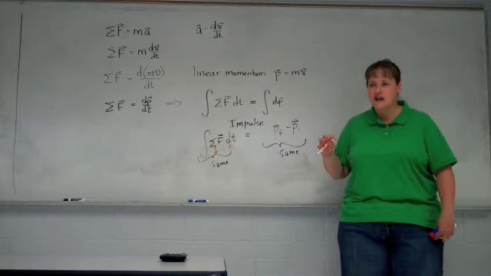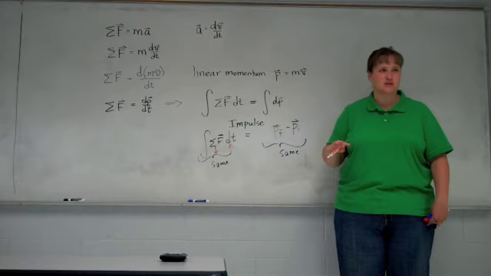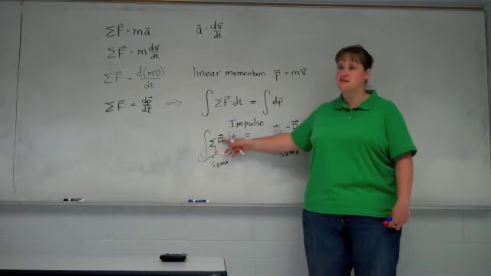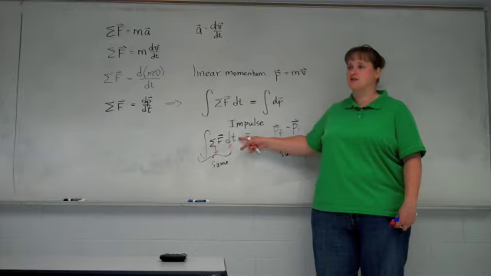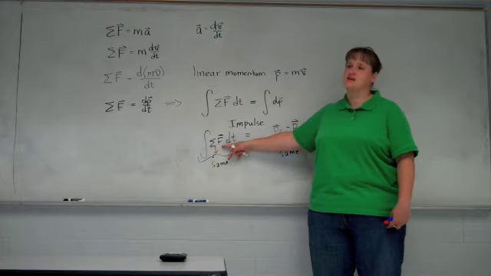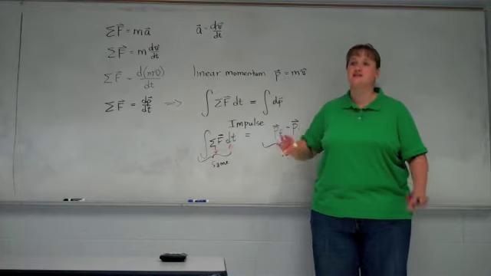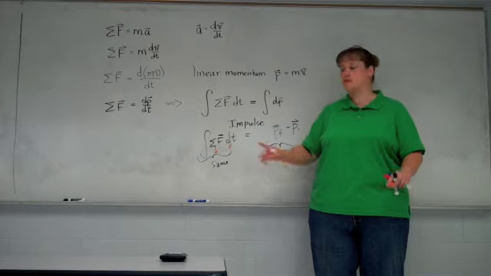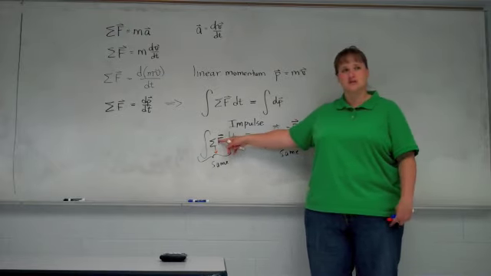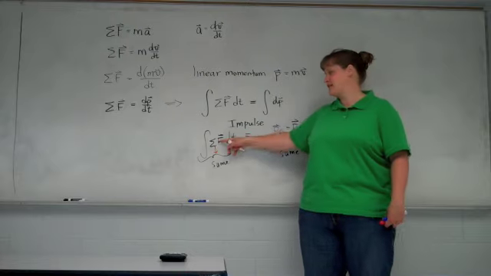The longer you take to actually come to rest when you hit the ground, the force of the ground on you will be less the more time you take to actually stop. That's why bending your knees doesn't hurt so bad, because the force is less. If you lock your knees, you have to come to an abrupt stop. You have very little time, so the force is quite large. That's why it hurts.